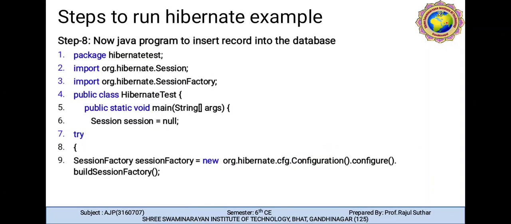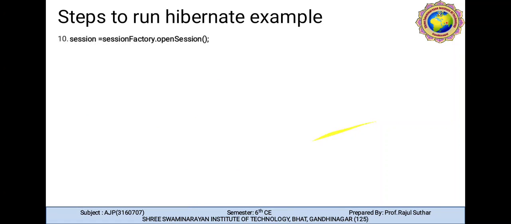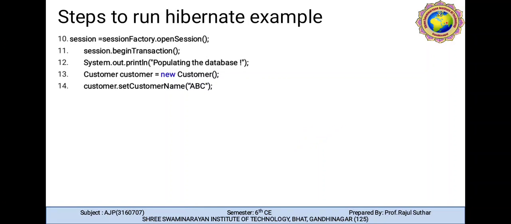Then in the try block we write the session factory. One object is created for SessionFactory: new org.hibernate.cfg.Configuration().configure().buildSessionFactory(). Session is equal to sessionFactory.openSession(). It begins the transaction. System.out.println, populating the database.